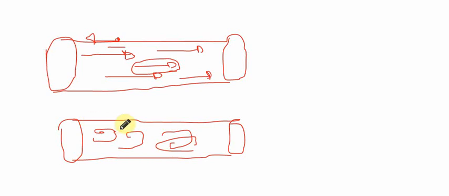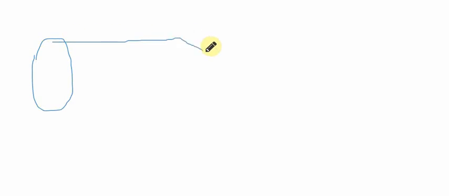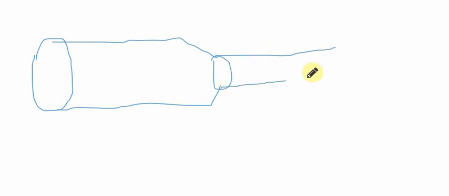Now let's look at the concept of the continuity equation. Let's suppose we have a pipe, and then it goes down to a smaller opening and continues onwards.